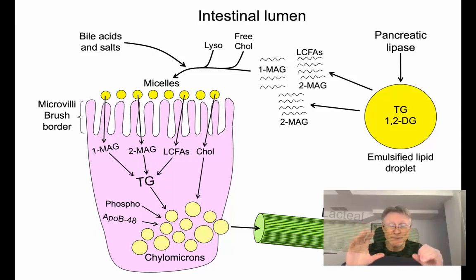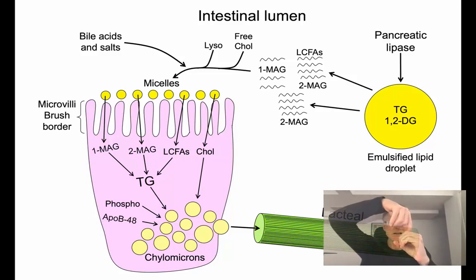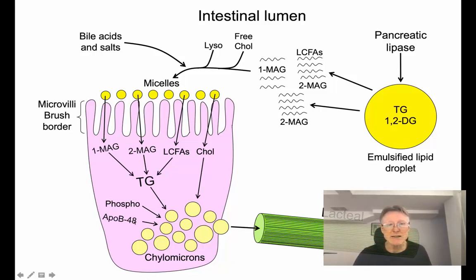It's as if you had a circular structure, which is the chylomicron, and on top you put a flag, and this flag hanging on top of this particle is ApoB48. It stands for apolipoprotein B48, and 48 is the molecular weight. 48 kilodaltons is the size of this protein. So every chylomicron has 1 ApoB48, a 1-to-1 ratio.